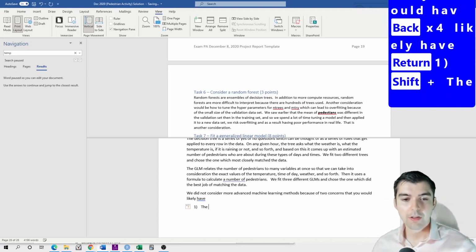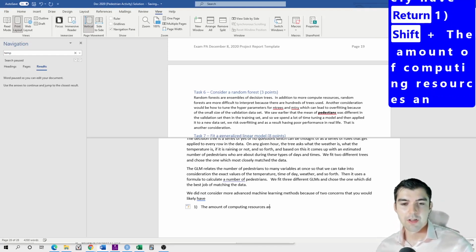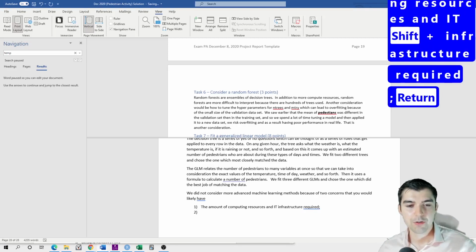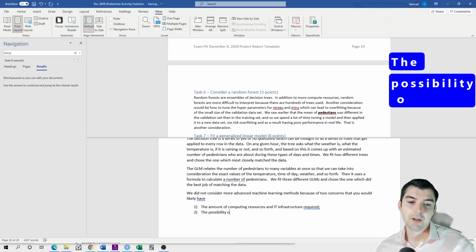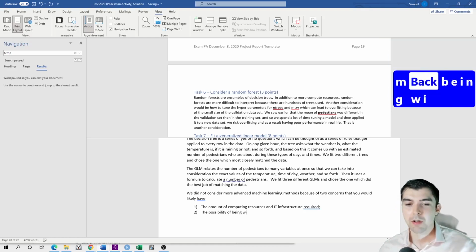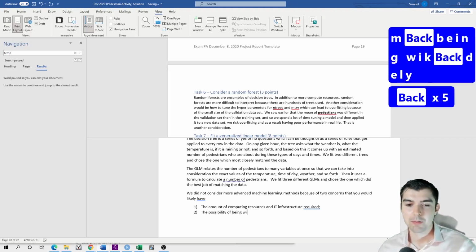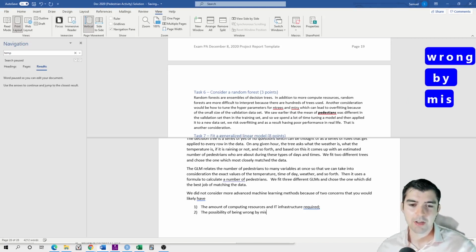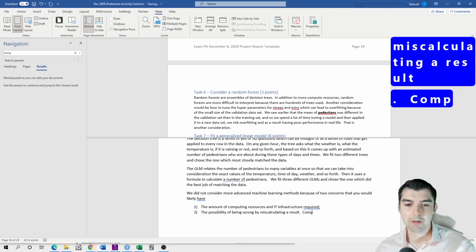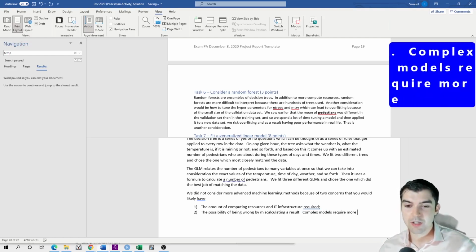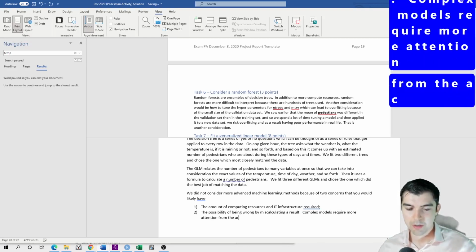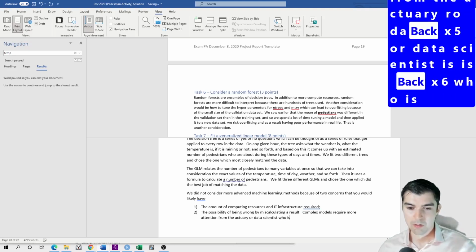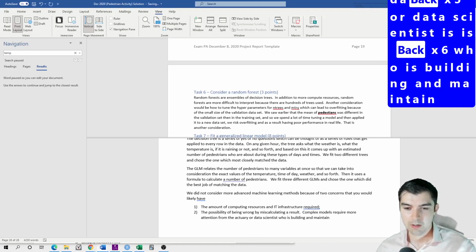And these are, one, the amount of computing resources and IT infrastructure required, and two, the possibility of being wildly wrong by miscalculating a result. The more complex models require more attention from the actuary or data scientist who is building and maintaining them.